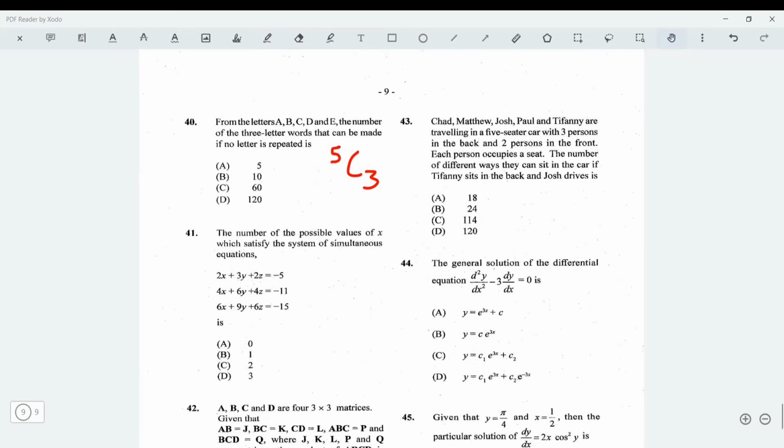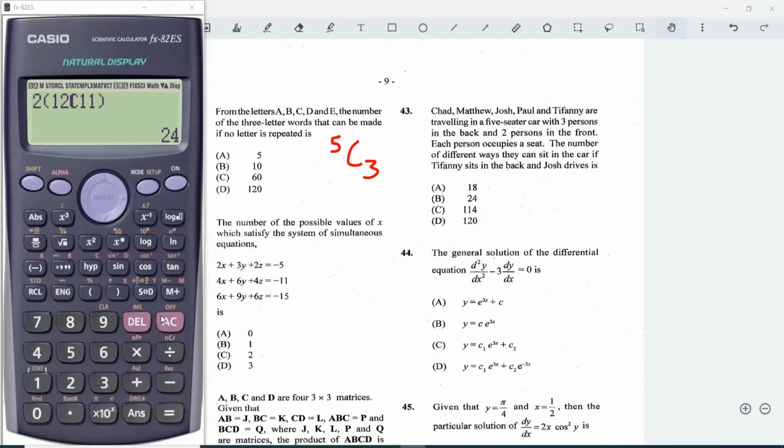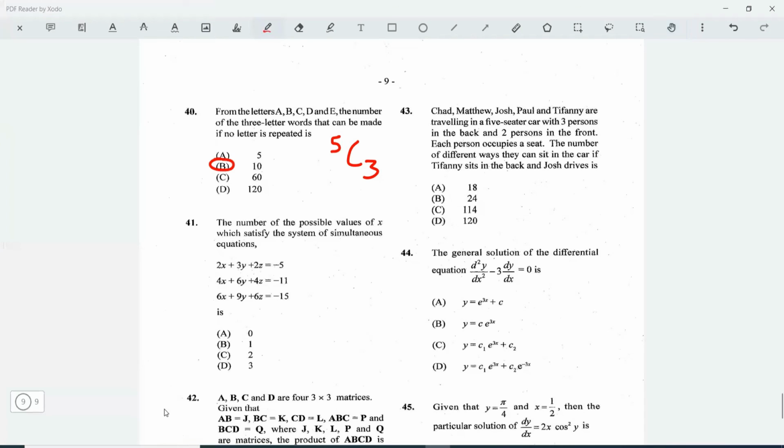And so it's 5 choose 3. You put 5 choose 3 in a calculator. We get 10. So that's option B.